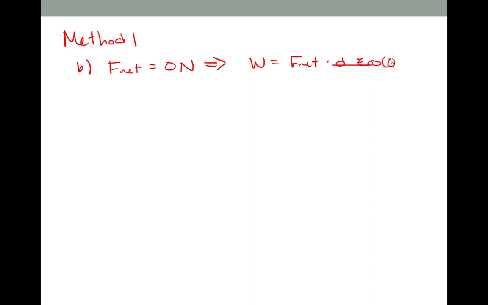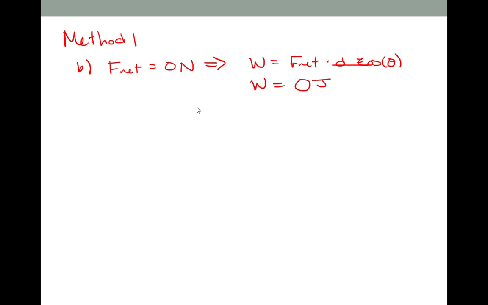So for method 1, part B, what I need to realize is because F net equals 0, that means that the work done by the net force, F d cosine of the angle between the net force and the velocity, is going to be 0. Because the net force is 0, the work has to equal 0 as well.